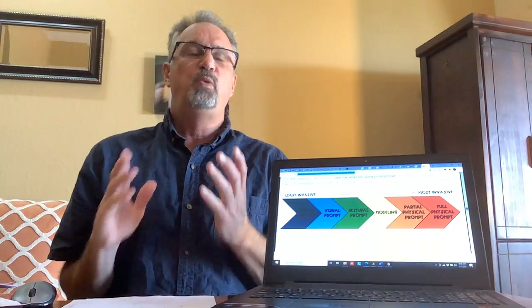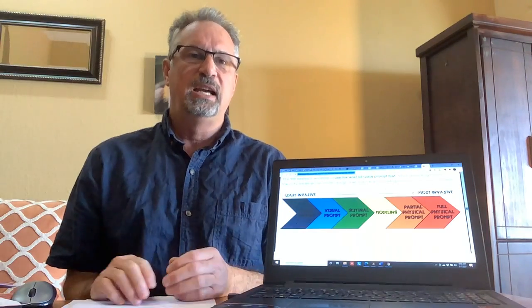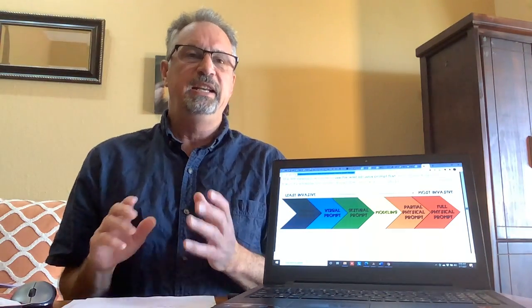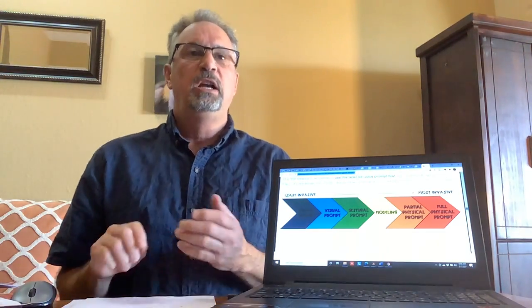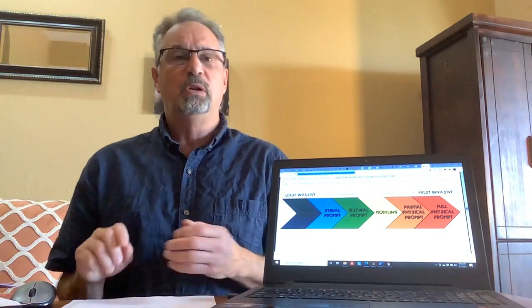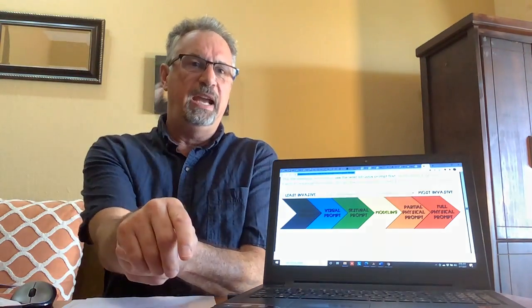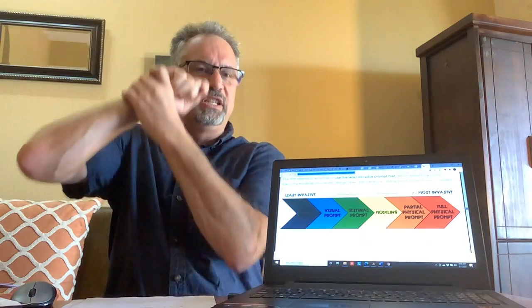Then the most intrusive is full physical prompt. Let's say we know our kiddo cannot do that task and they need assistance so many times until they learn that, and then we fade that prompt later on. If they need the full physical, then I would do hand over hand, brushing the teeth, showing how, and then I maybe let go a little bit, or go to the elbow, in time.